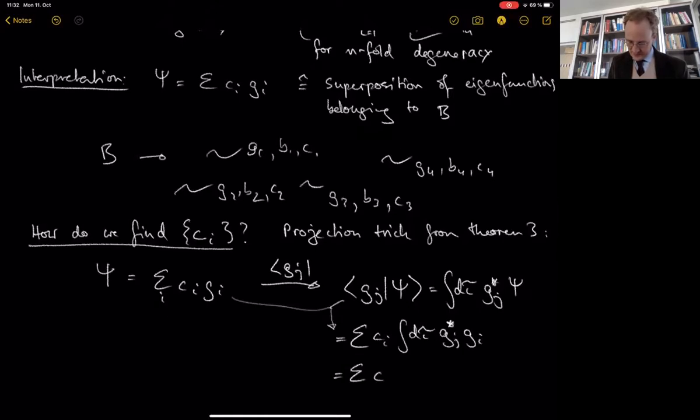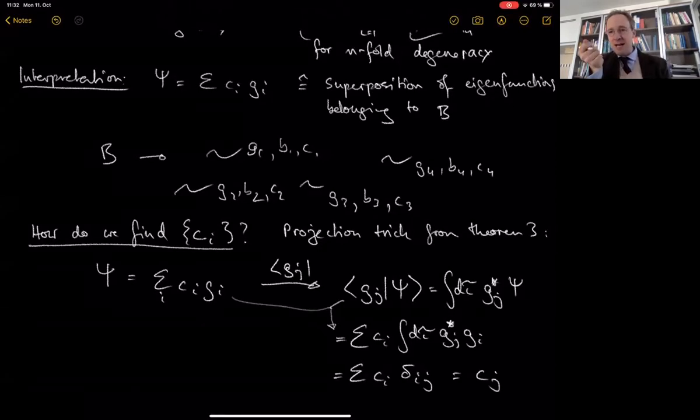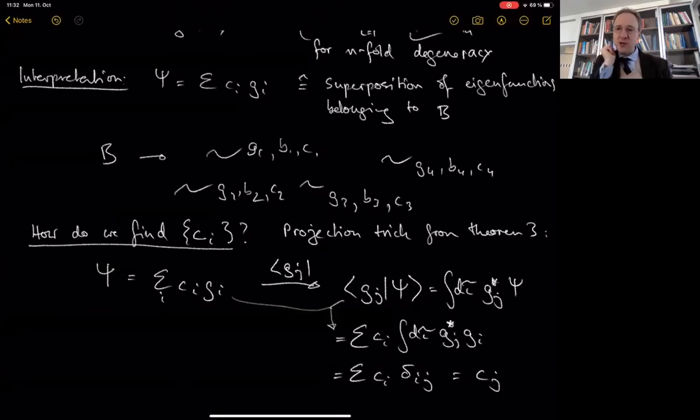So we have some ci delta ij, and so only cj survives, right? So if you want to know your coefficient ci, you project it out using the basis function of the ith state, right?